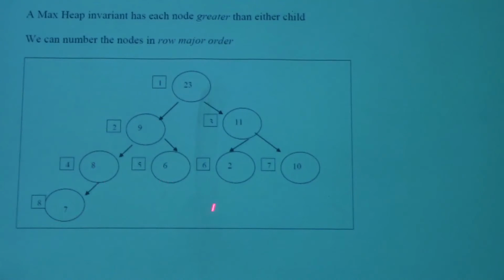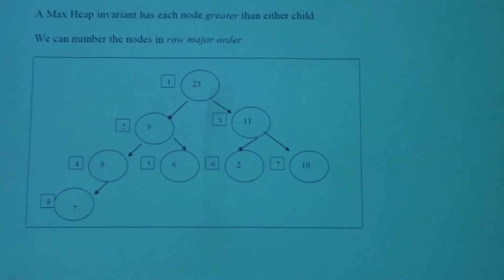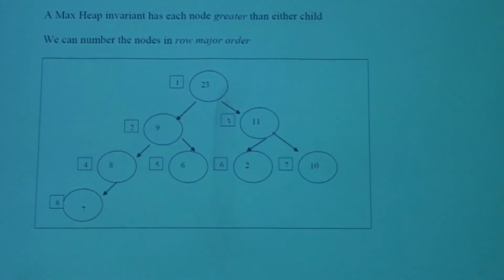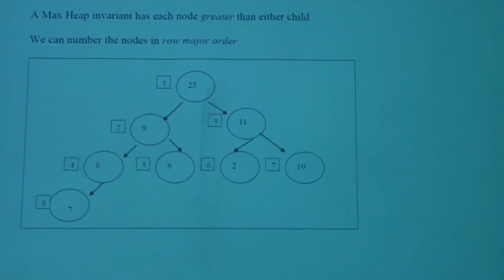This would be 9, 10, 11, 12, 13, 14, 15. This would be 16. If you look at these numbers, they show an interesting pattern. If you look at node number 4, the index of its left child is 8, and the index of its right child would be 9.